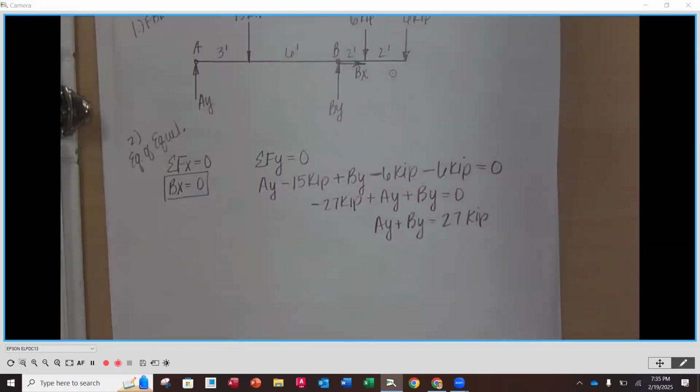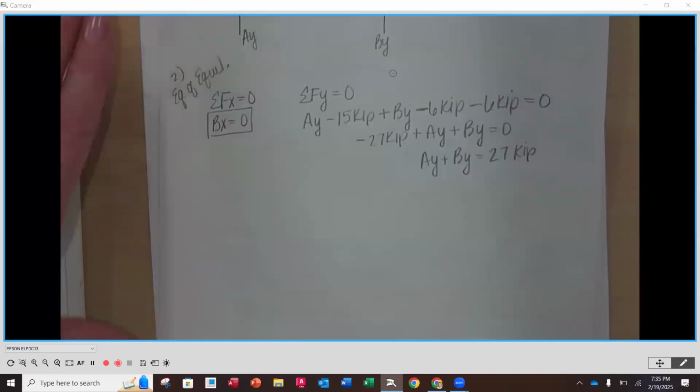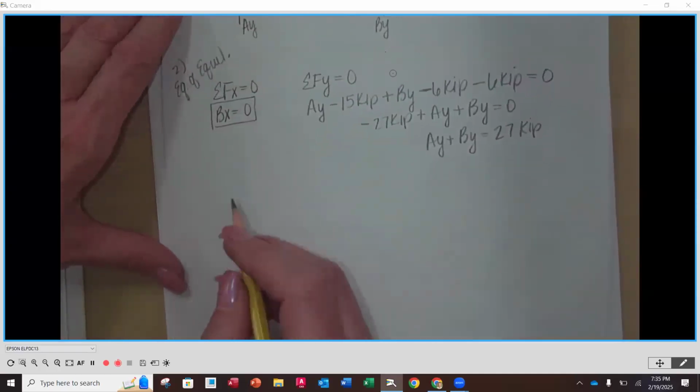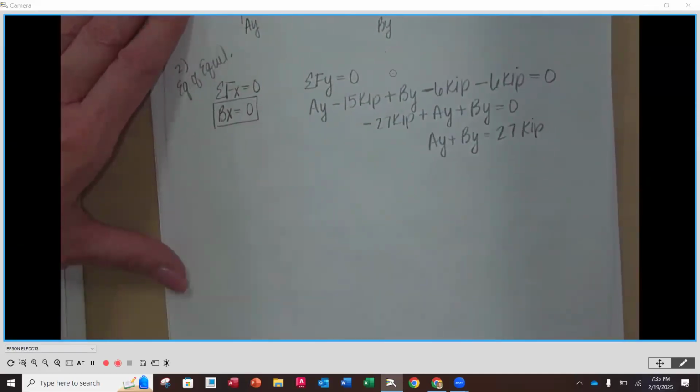Now, I believe that you guys are getting the hang of this. So go ahead and solve for AY and BY. I'm going to let you finish this problem and we will compare. I'll do it on the side here, but you can peek if you need to. I'm going to sum around A like I normally do to get the BY and then substitute BY back up.